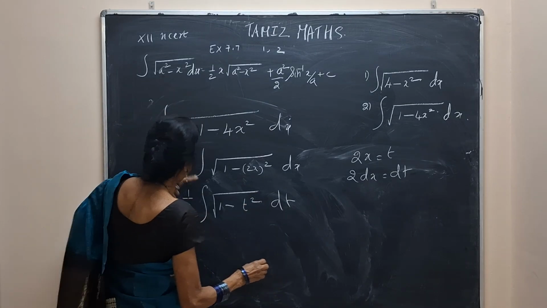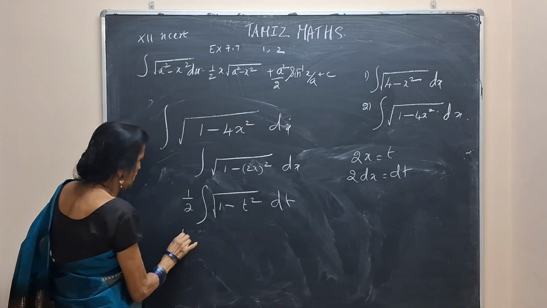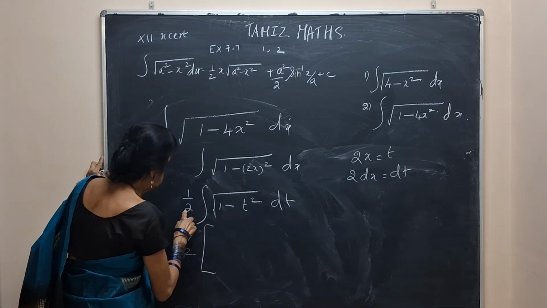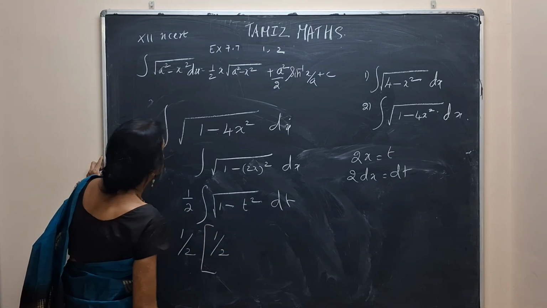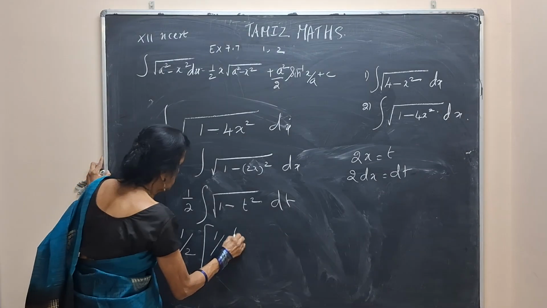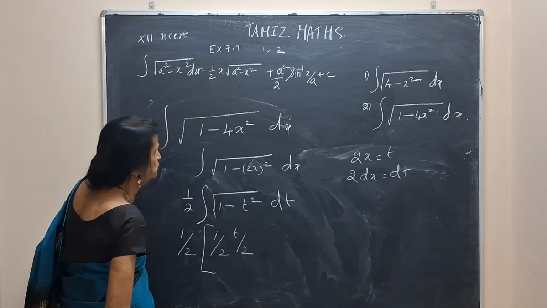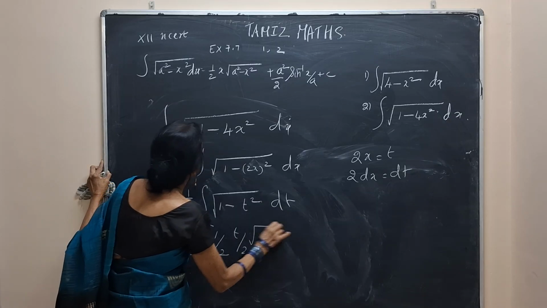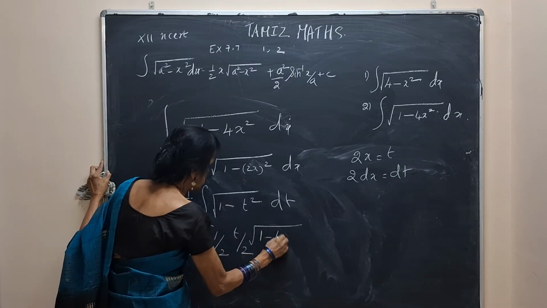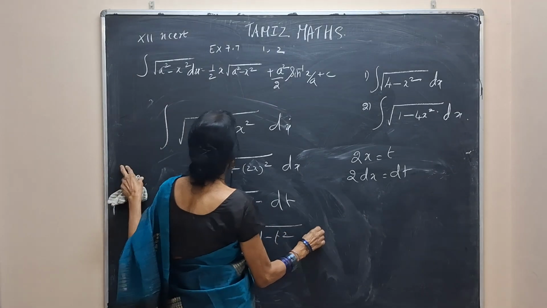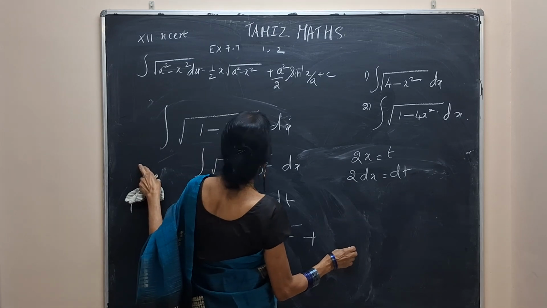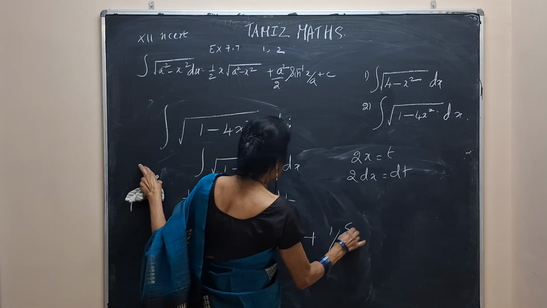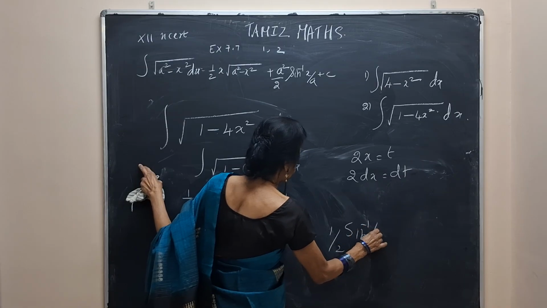Have this formula in front of you. This half is outside: half times t by 2 times root of a square minus t square, which is root of 1 minus t square, plus a square by 2, what is a square here? 1 by 2, sine inverse t.